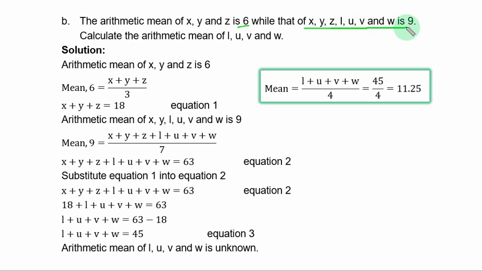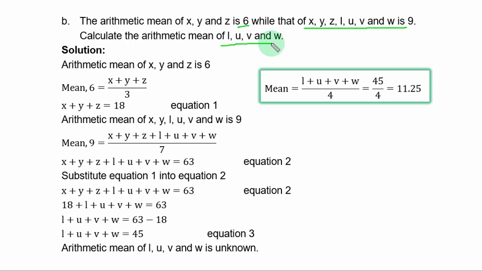That is the mean. We are asked to calculate the mean of L, U, V, and W.